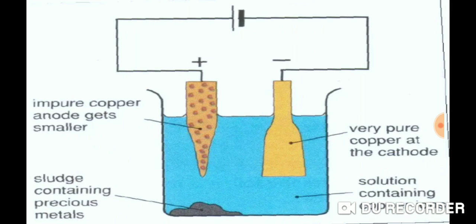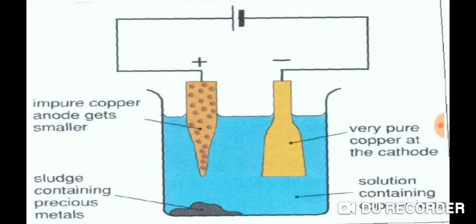Now you can see here, the impure copper anode gets smaller because copper is dissolving, whereas on the other hand, pure copper is obtained, and sludge containing some precious metals is obtained at the anode, also known as anode mud.